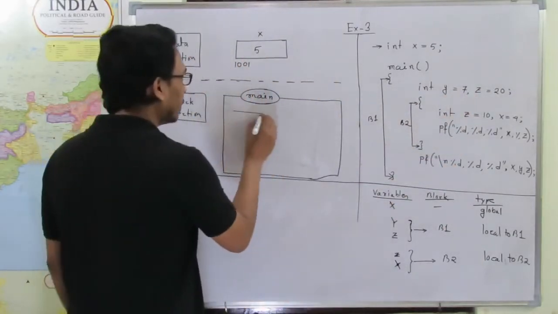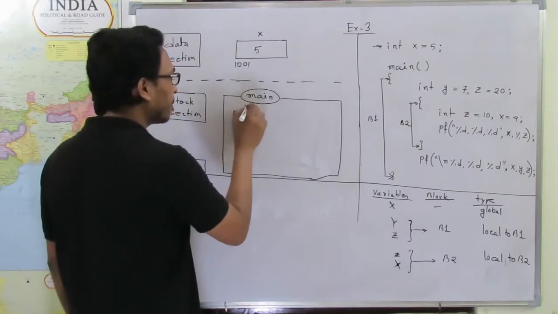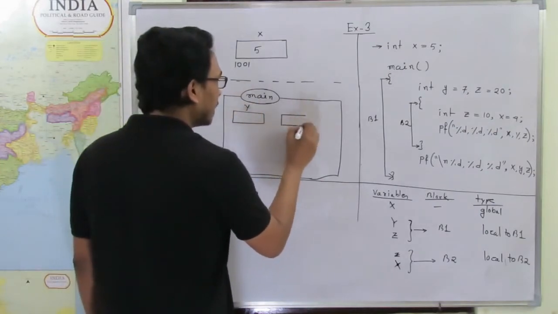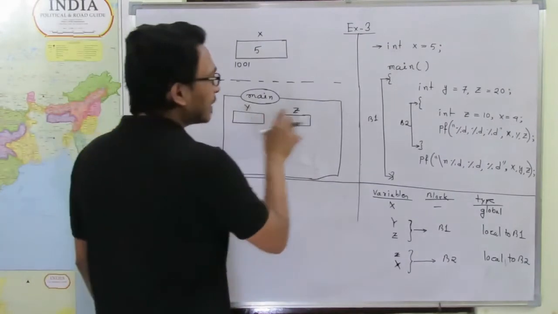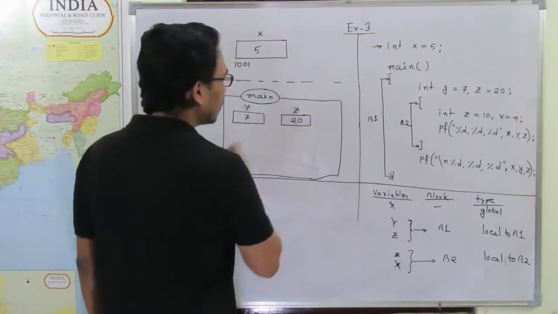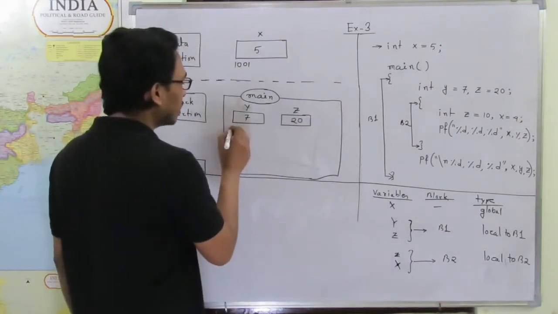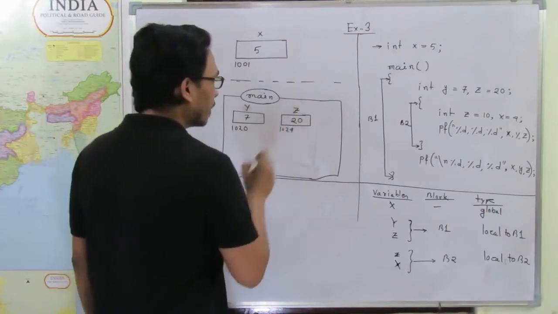Here we have two variables, first one is y and the second variable is z. y is initialized with 7, z is initialized with 20. Let's say the base addresses are 1020 and 1024.